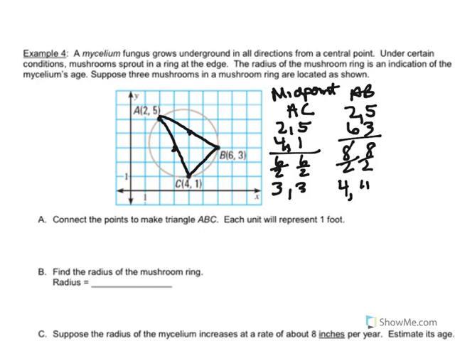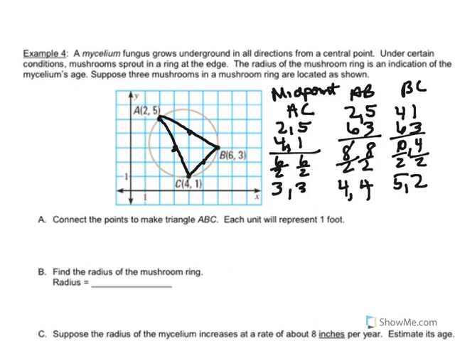And you can see my drawings weren't that great. And let's see here. Then finally we have BC, and that's 4, 1, 6, 3. So that's 10, 4, divided by 2. So you get 5, 2. So 5, 2, and there's your midpoint.